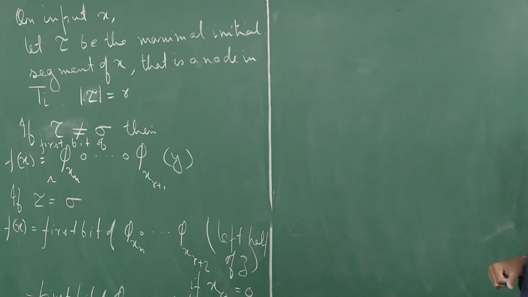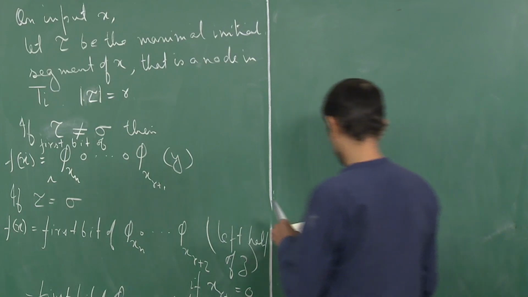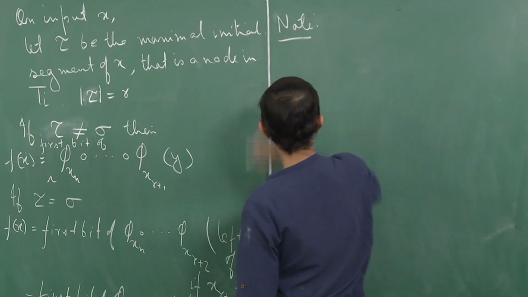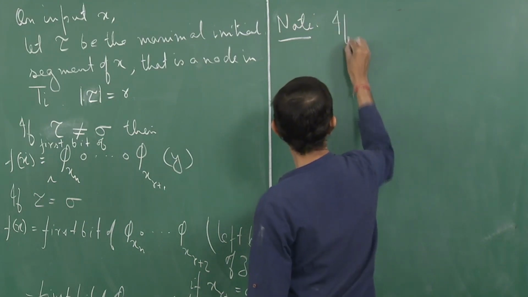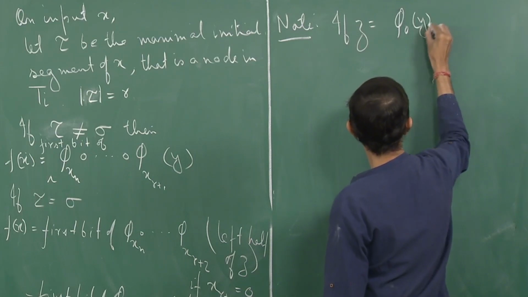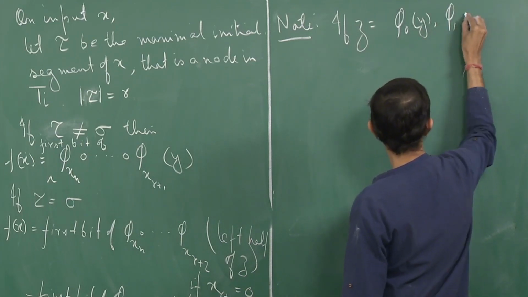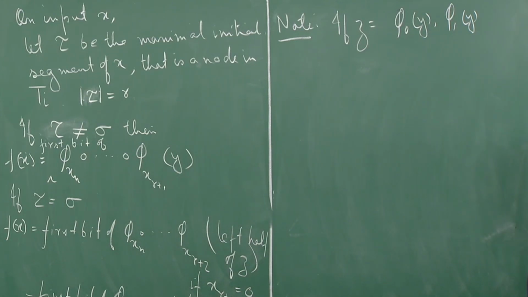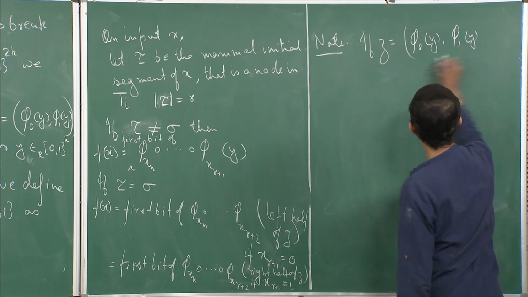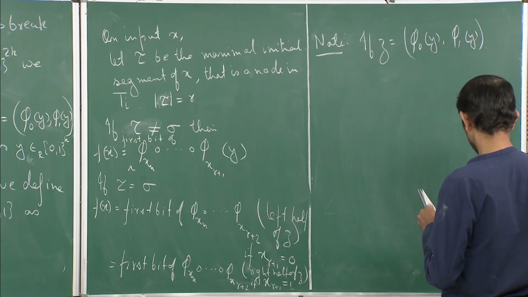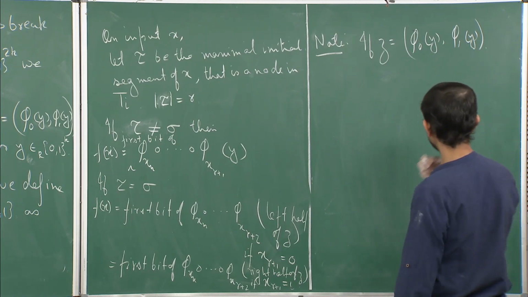So now how is this function able to distinguish between the two? Note the following. If z is of the form phi 0 y, phi 1 y, then what is f?